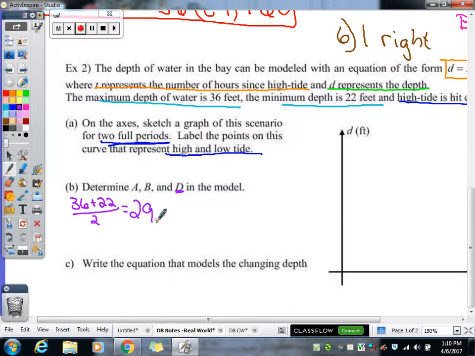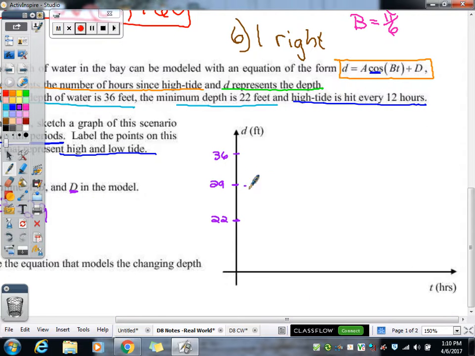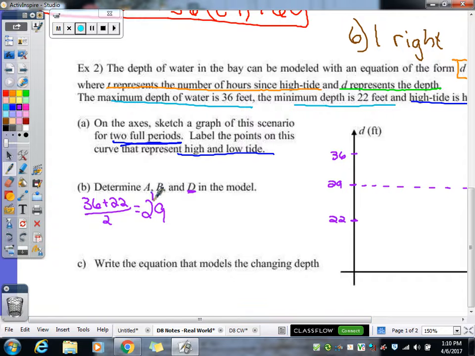So over here on my graph, I'm going to put a line for my low of 22, my midline of 29, my high of 36. And I'm going to draw in my dot for my midline of 29. Nope, 22. See, right here, depth is 22. So again, there's our D value. We already found one of them.